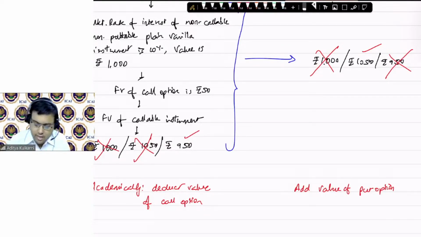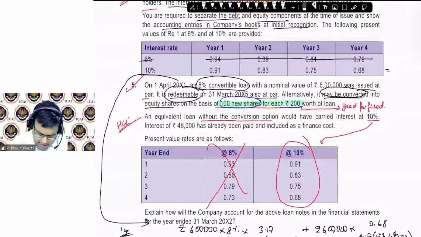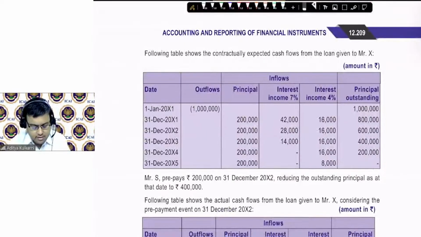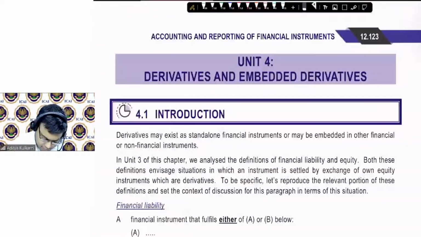All right. So now let us come to one question. We shall slightly modify that, but based on this understanding, we will solve one question on the callable puttable feature, page 12.114.